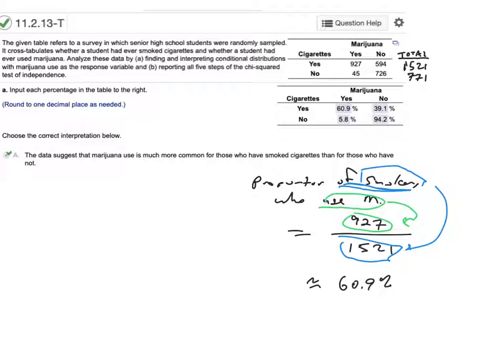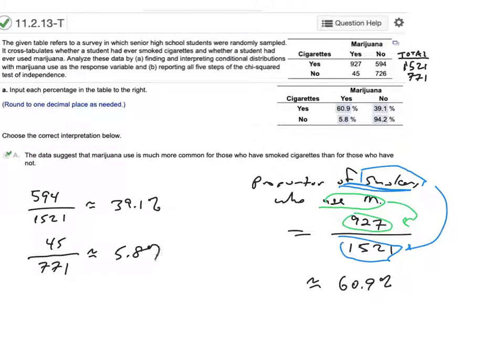So if I do that for each of the 4 things, my other proportions are going to be 594 over 1521. That's the proportion of smokers who do not use marijuana. So that's what the 39.1% is going to be. Then I'll have the proportion of non-smokers. The proportion of non-smokers who use marijuana will be 5.8%.